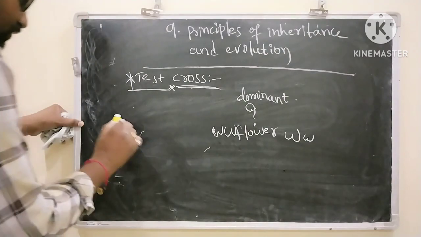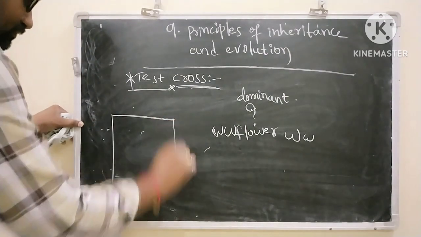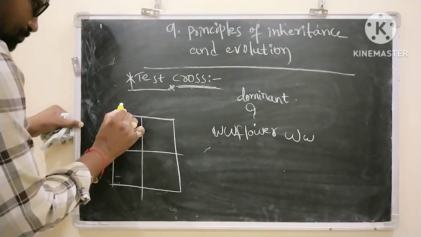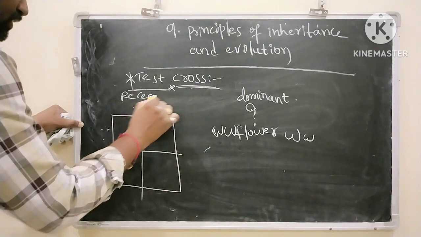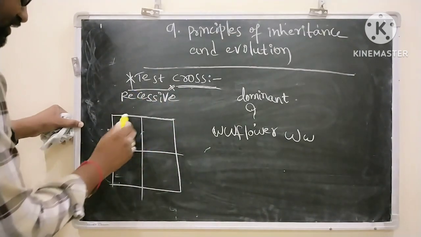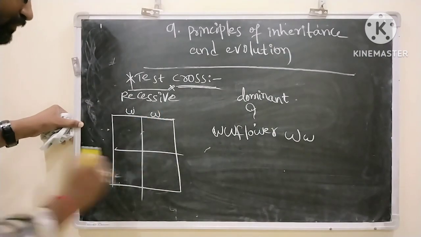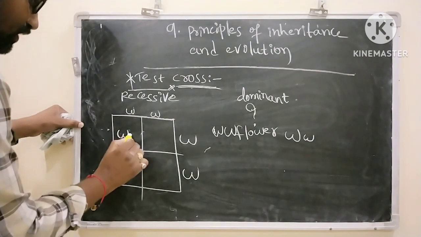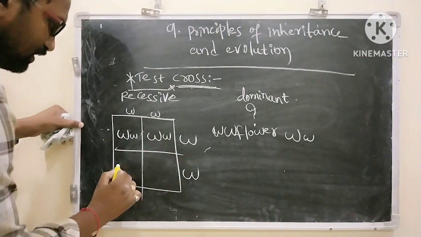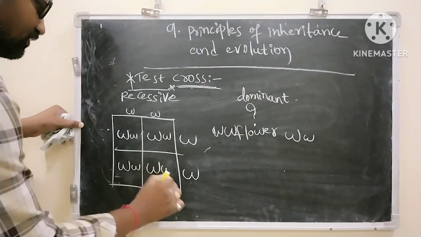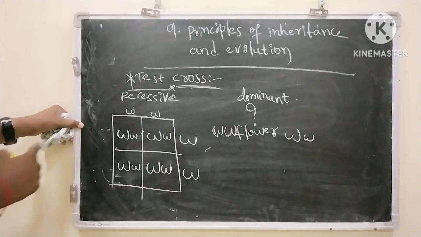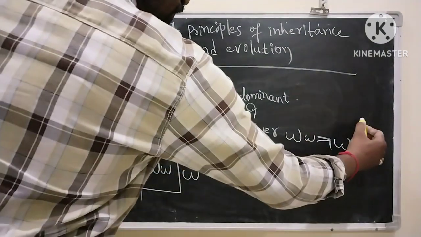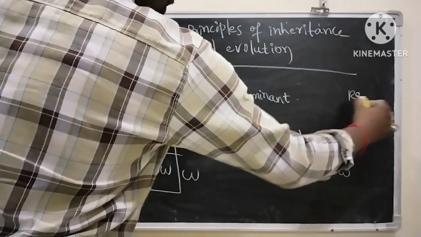So for this purpose, what Mendel did is he took the recessive character, homozygous, small w, and here capital W. Then all the phenotypes obtained are violet color, whereas here capital W, small w, here recessive, here also recessive.